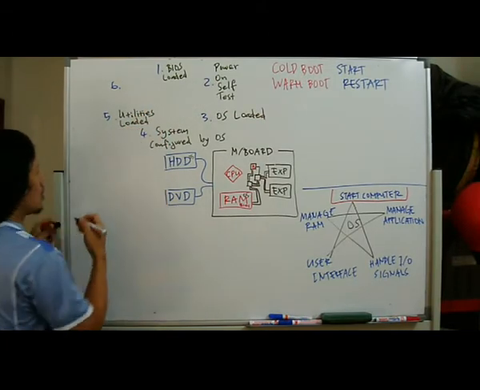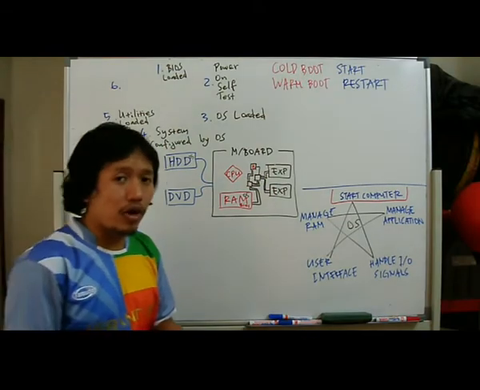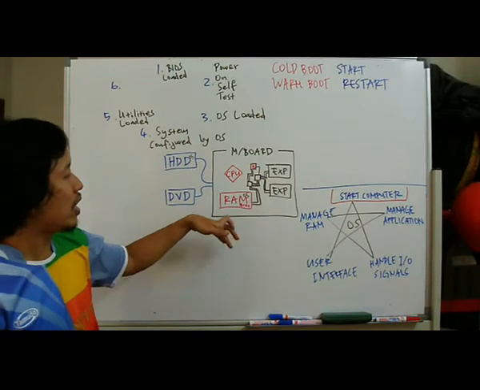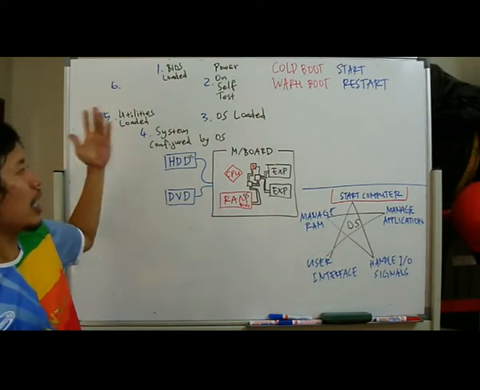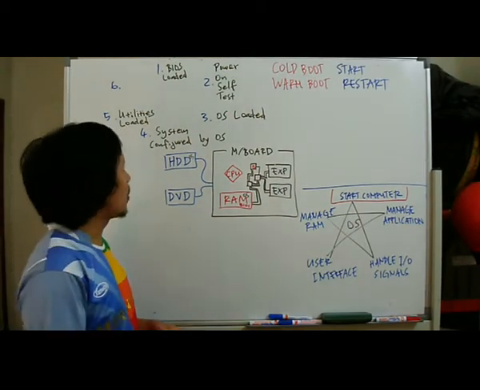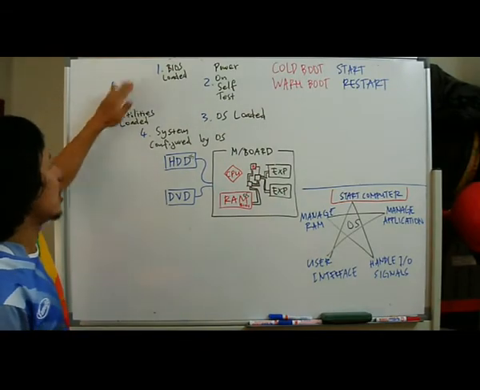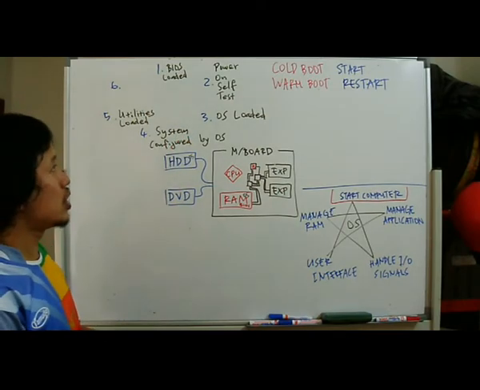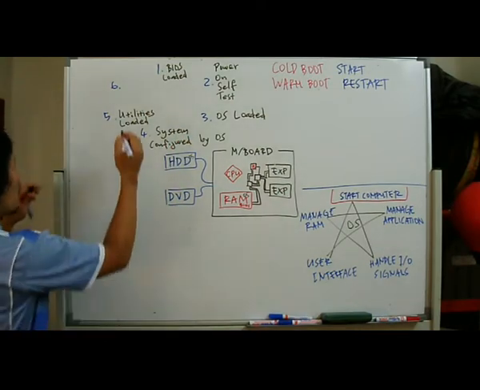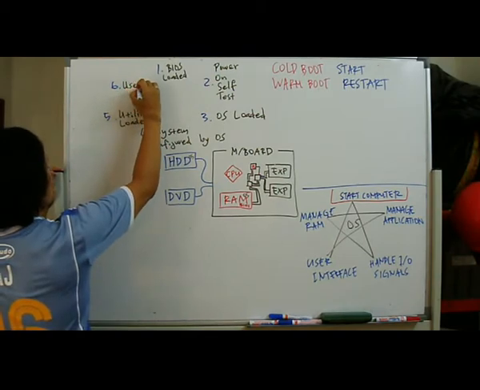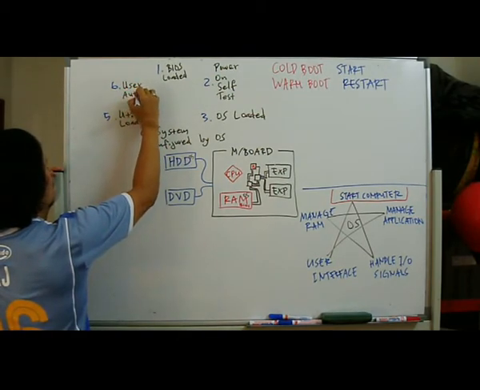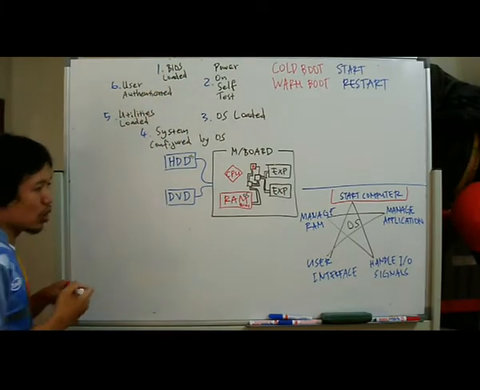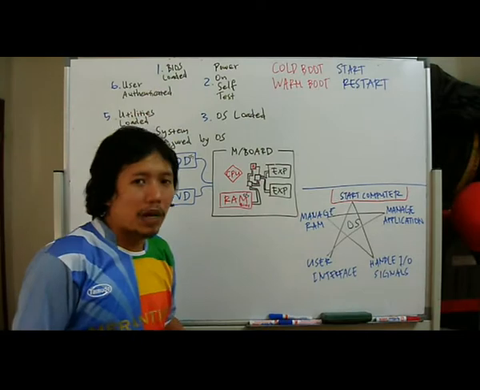Utilities are, for example, antivirus software, time and date for your computer, lots of different things which are secondary as compared to device drivers and so on. And then after all of this is done, basically your computer is already running as usual. And so some users decide to put another step which is called user authentication. User authenticated. This is where you log in and say, this is my username, this is my password, and so on.